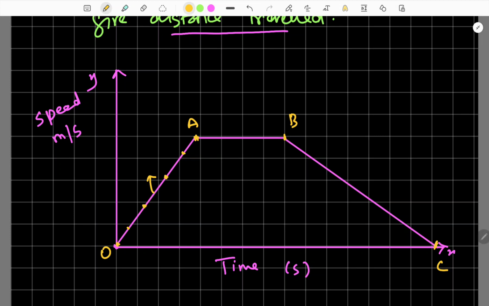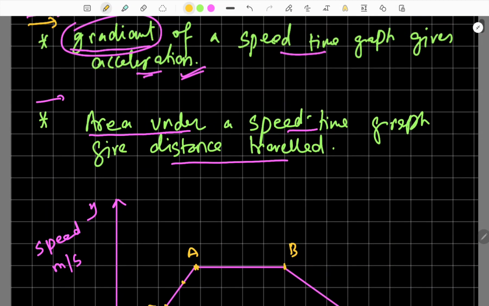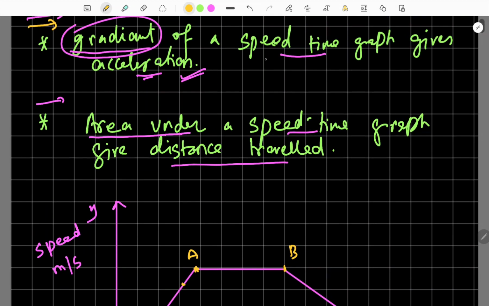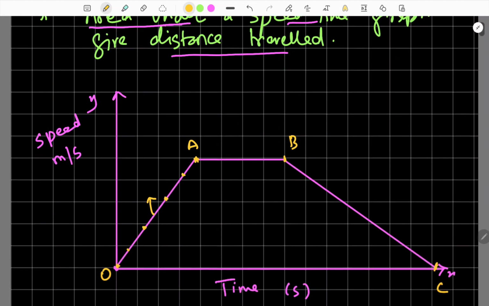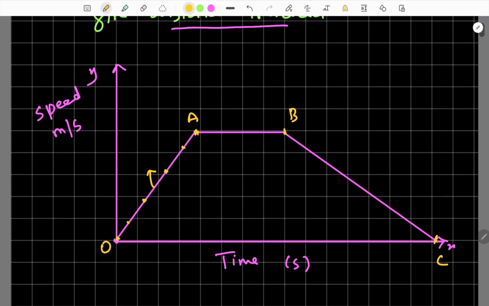So the gradient of a straight line, we know, is constant throughout, right? So again, first thing is it has a constant gradient. Clarity beta? So the gradient of a straight line of a speed time graph gives us the acceleration, right beta? We can clearly see it has a positive gradient.